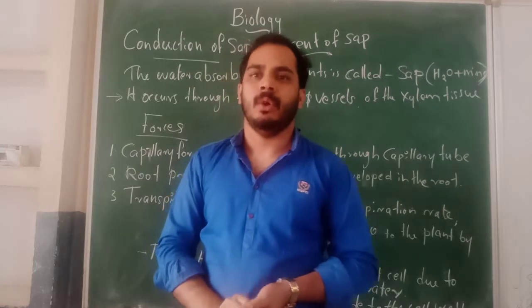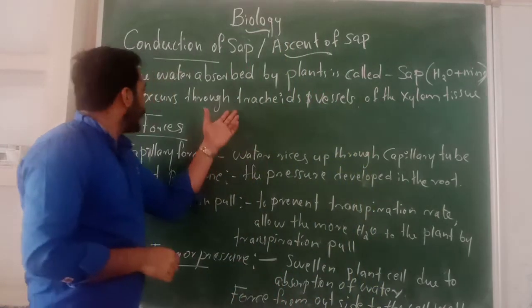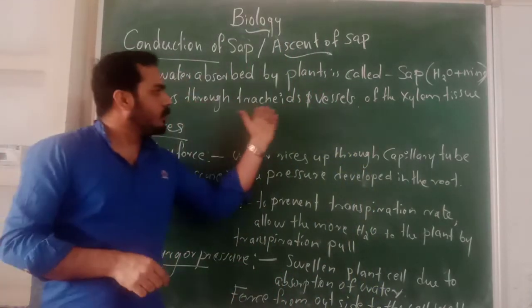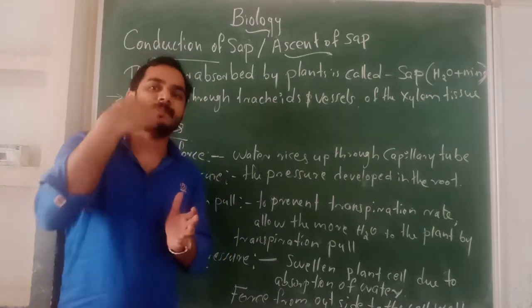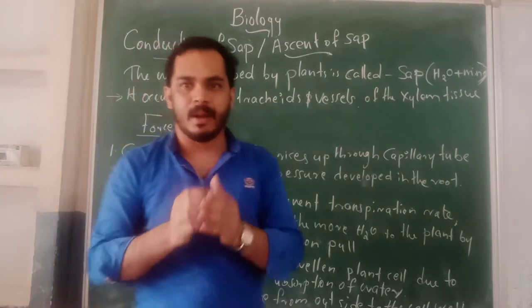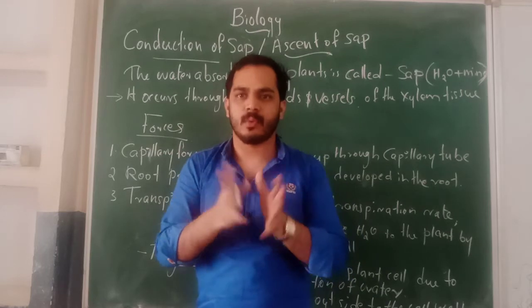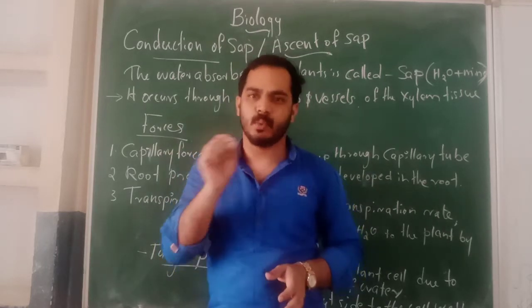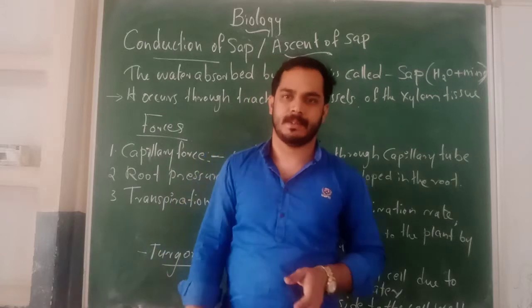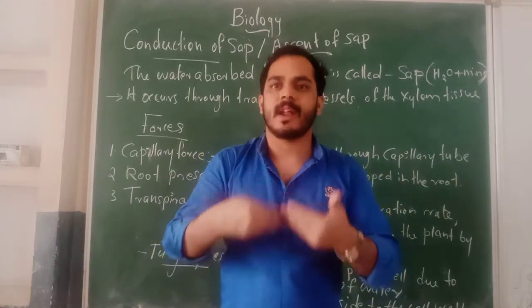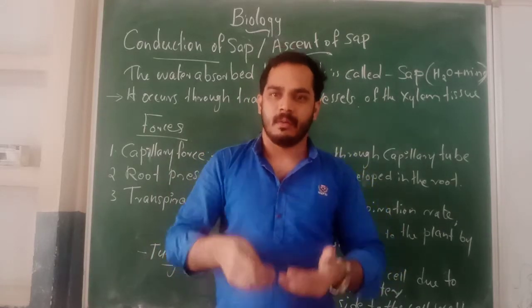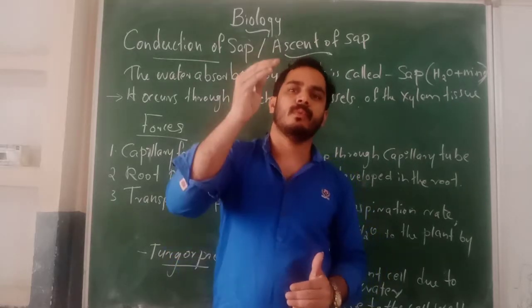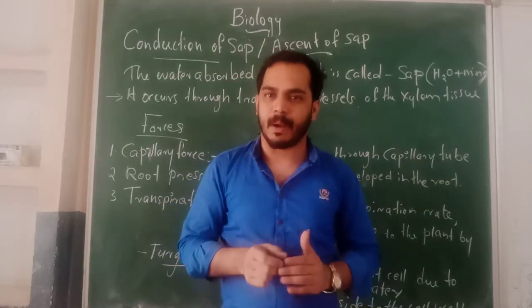Okay, so here, how is this sap transported? In my previous class I already explained to you the vascular bundles, that means xylem and phloem, each having different functions. Xylem transports the water and the minerals from the root to the whole part of the plant.